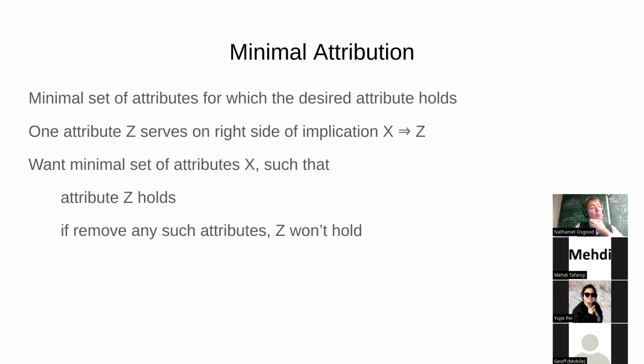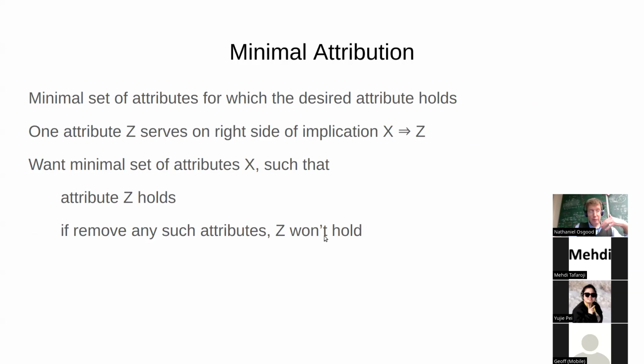Remember, the more attributes you have, the fewer the objects that have them. If we knock out attributes, we can have more objects that obey them, and those objects may have a greater diversity. They may not have Z anymore, right?